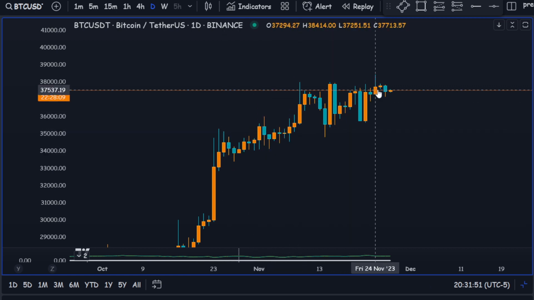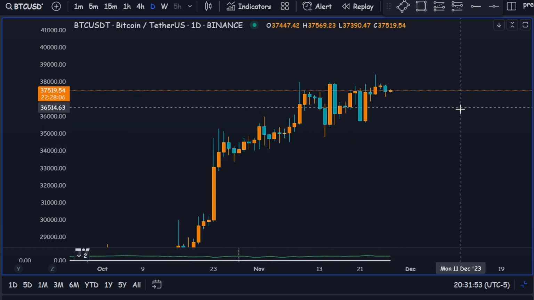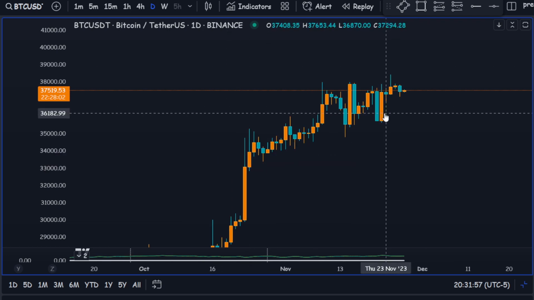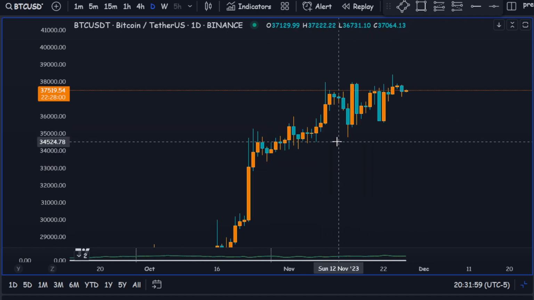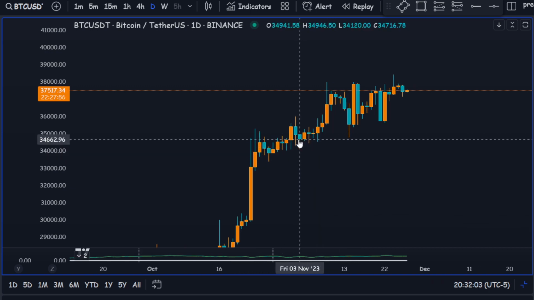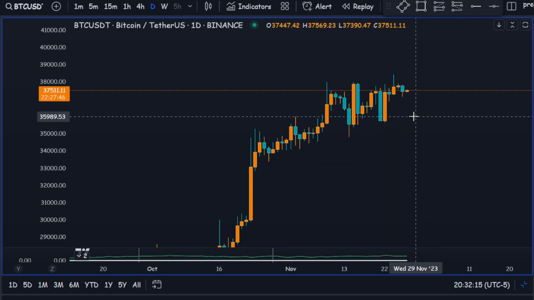It's not really shooting off. There are no real bullish impulses in the bull market that's being printed when we're doing a bear flag, because it's basically a retracement pattern.